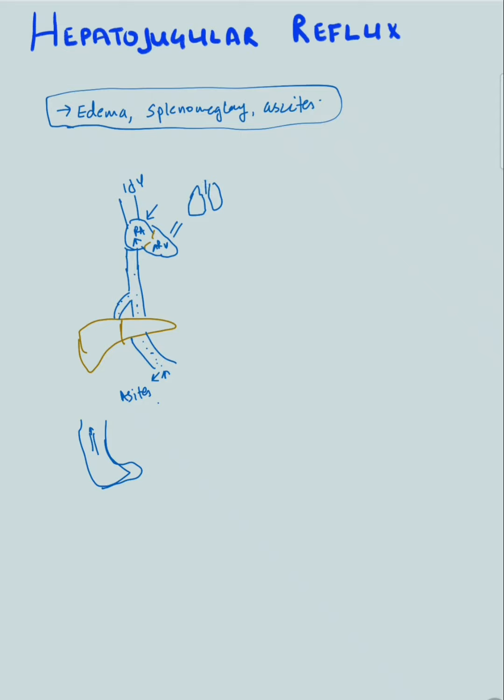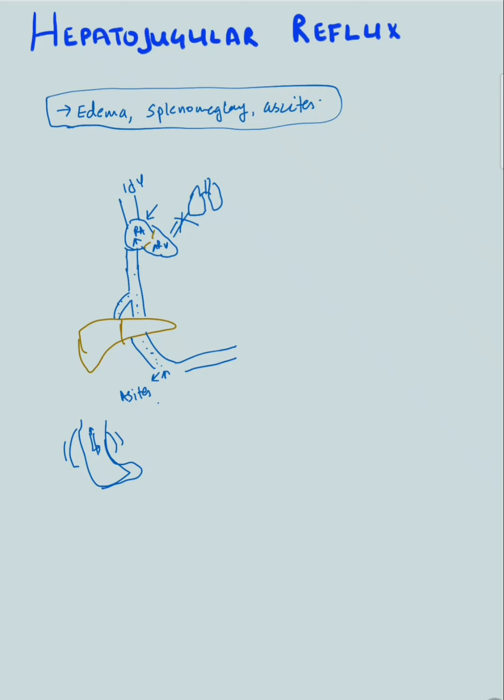So there is an obstruction here. All of this blood will also result in increased hydrostatic pressure in the vessels in the legs, and the fluid will go out because of the increased hydrostatic pressure into the interstitial space, and that results in edema of the feet. So ascites, edema, and also here we have the portal vein connection with the splenic vein and the spleen.